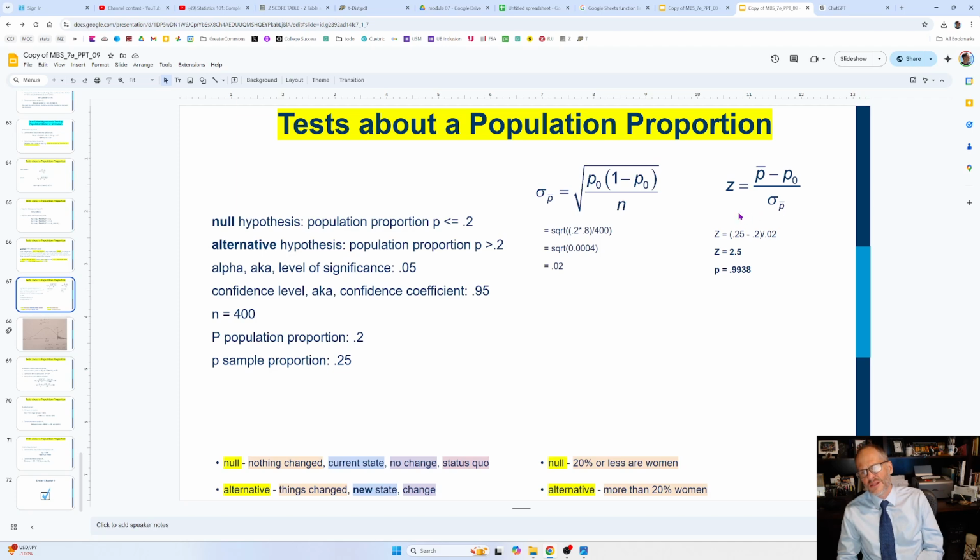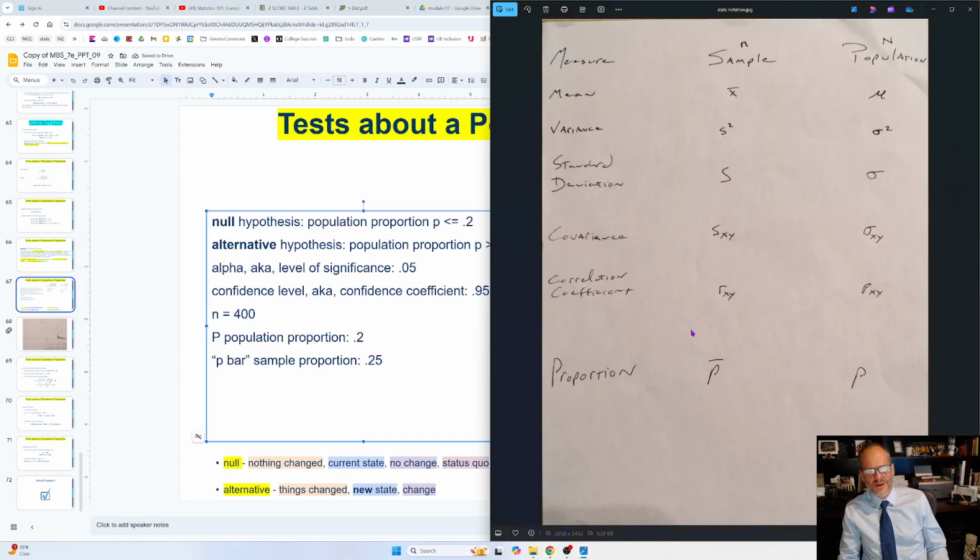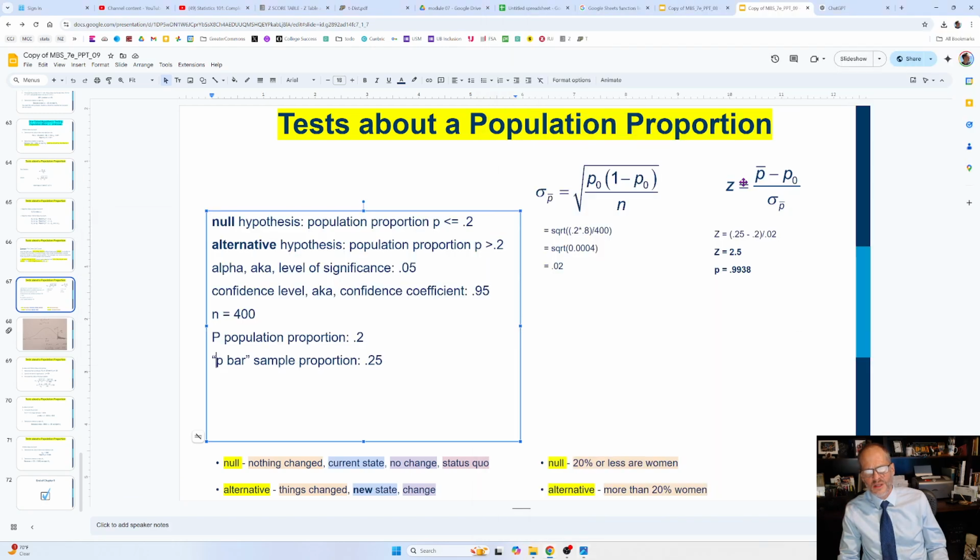And so here's our z-score, and our z-score is going to be p bar, and we'll call this p bar because I don't know how to make p bar show up on my keyboard. But p bar is the sample proportion. And again, just checking our notes, p bar is the sample proportion. So we have our sample proportion minus p subscript 0.